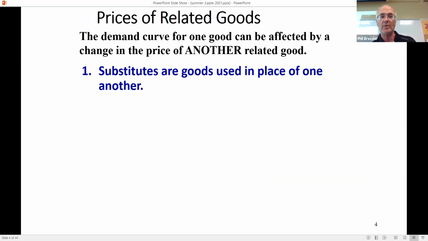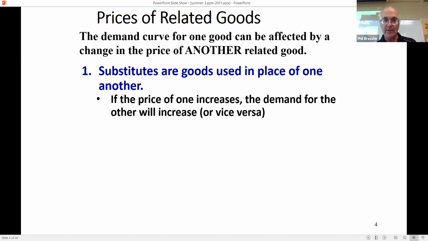One are substitutes, and they are goods used in place of one another. So let's go with Pepsi and Coke. If the price of Pepsi goes up, the demand for Coke will increase. And that should make sense, right? If the price of Pepsi goes up, people are going to buy less Pepsi, therefore demand more Coke.